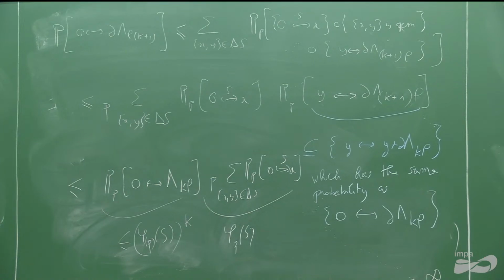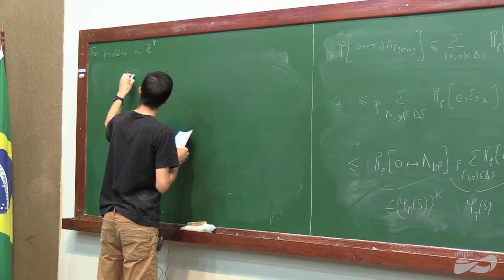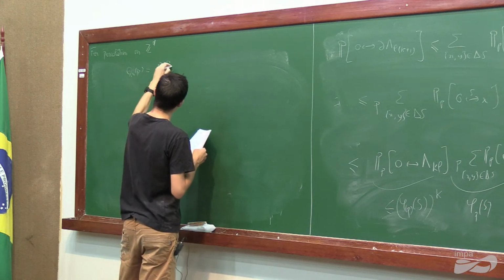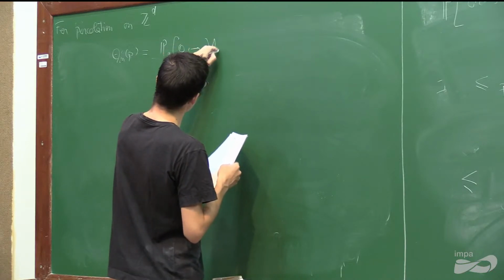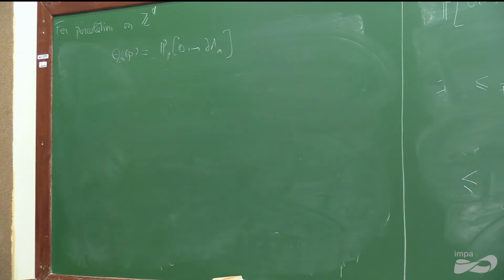So let me write theta n p, which is equal to P_p of 0 connected to the boundary of Lambda n.